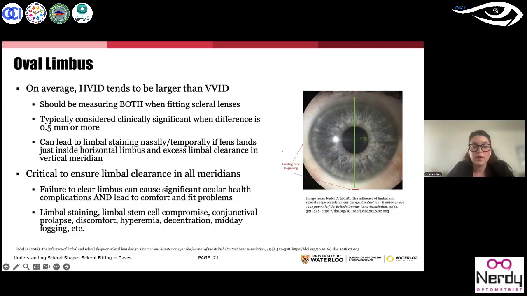So I really do recommend measuring both HVID and VVID. There are some cases in the literature where corneas with against-the-rule toricity sometimes have a larger VVID, but on average, HVID will tend to be larger than VVID.